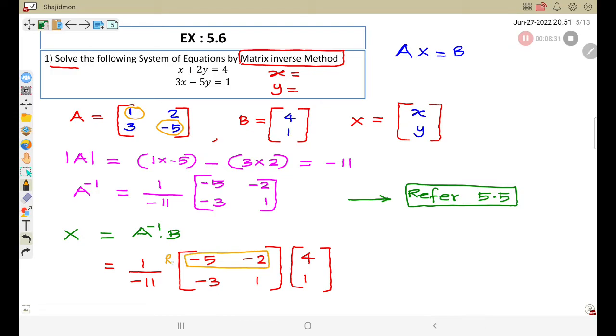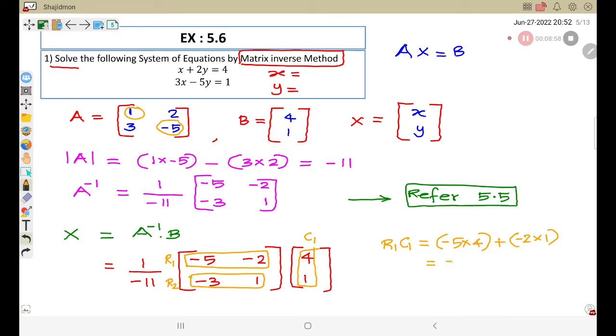This is the first row, this is the second row, and this is column number 1. Row number 1 and column number 1 multiply. Row 1 means -5, -2 with column 1: first number with first number, -5 multiplied by 4 is -20, plus second number with second number, -2 multiplied by 1.